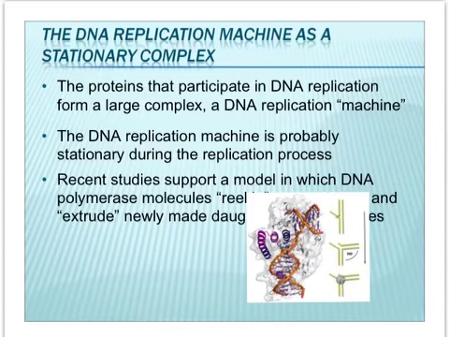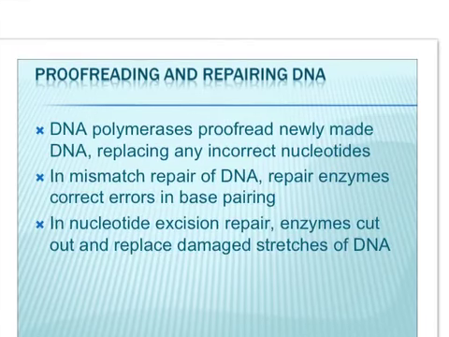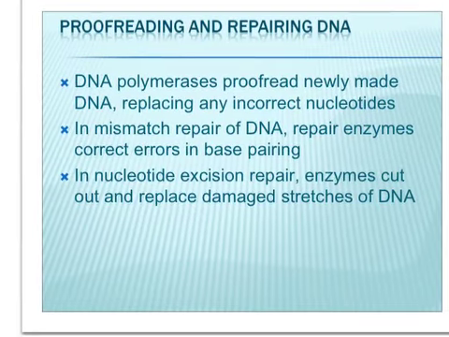DNA polymerase does have a mechanism to backtrack and be able to proofread and fix any mistakes. One of the most common problems that we can have is what we call a thymine dimer, and that's when you have two T's that are bonded together instead of bonding with the A's, and that's a pretty big mistake.